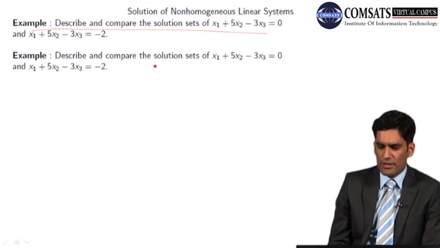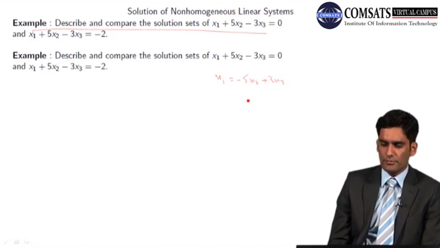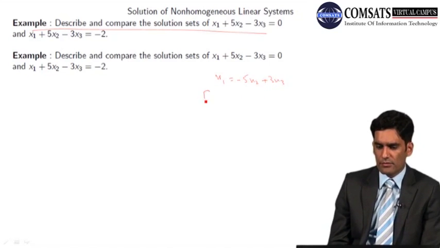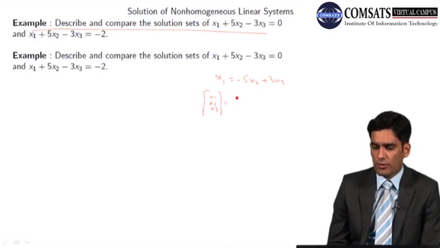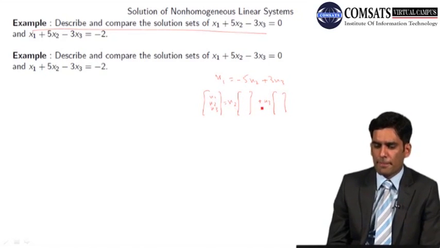So the homogeneous equation has the solution x1 equals -5x2 plus 3x3. If I have to write down the vector equation or parametric vector equation for this solution, I have two free variables, x2 and x3. So I have to find the vectors corresponding to x2 and x3.